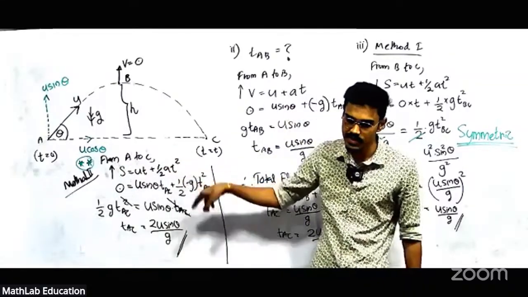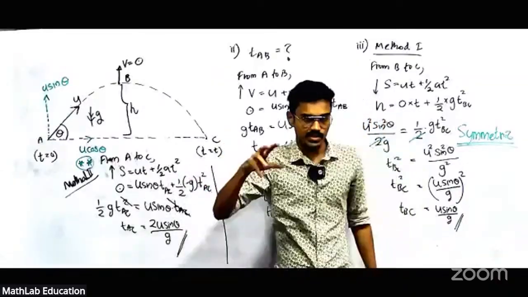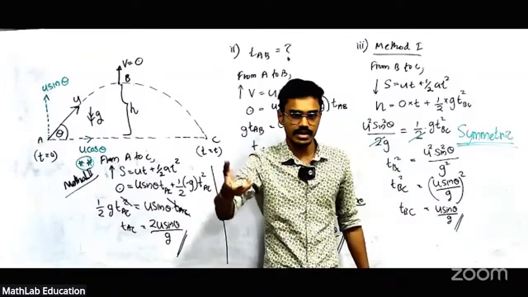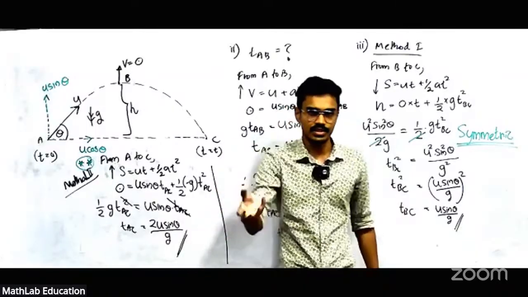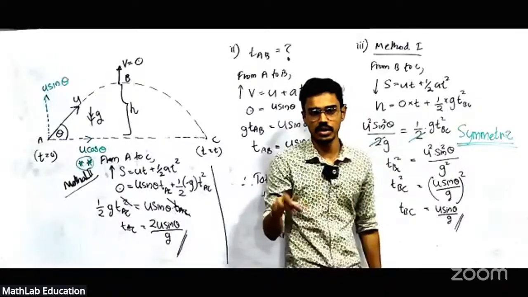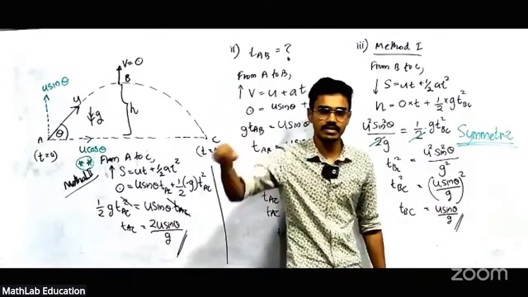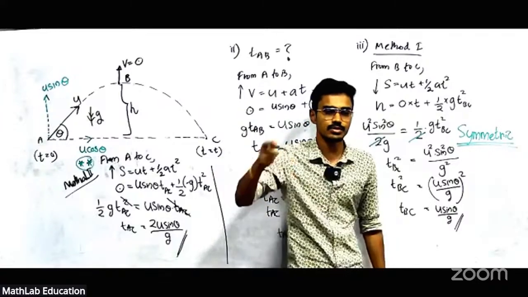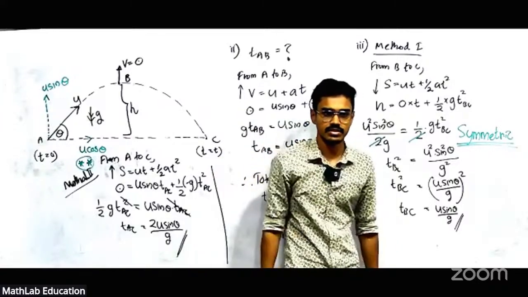So it is always with the considered direction. Otherwise, there are no defined directions as positive and negative. That is with respect to your considered direction. If you are considering upwards, then accordingly the signs of vectors change, and if you are considering downwards, according to that, the signs of vectors change. That is how it goes.